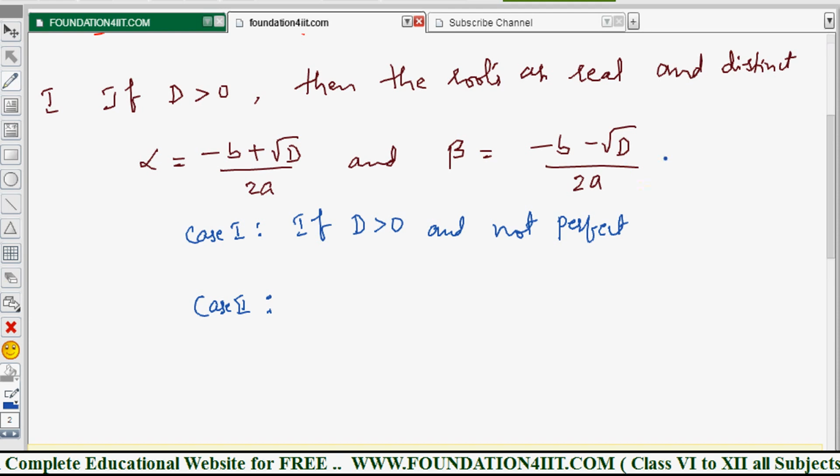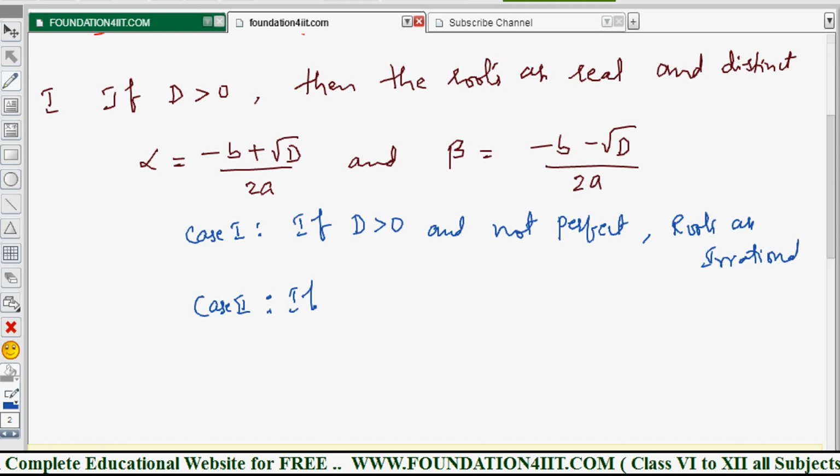So roots are unequal and irrational numbers, because we will get root 7, which is an irrational number. Root 9 you can write as 3. So in case d is greater than 0 and not a perfect square, roots are irrational. At the same time, they are unequal.